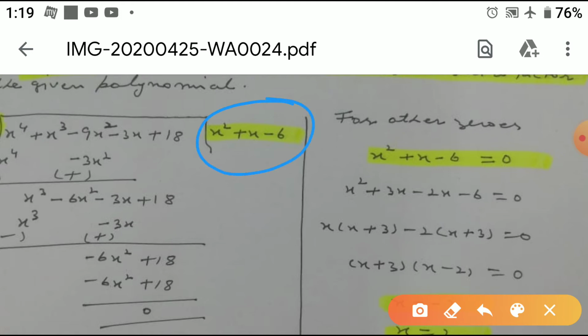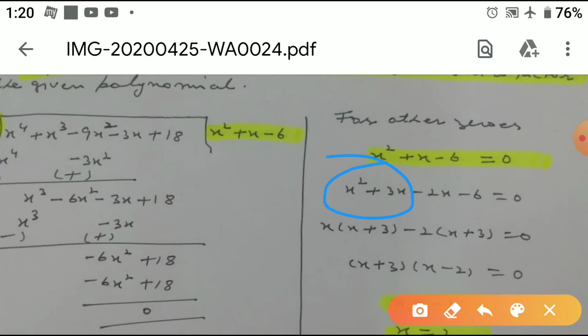To get the other zeros, we need to find the zeros of this polynomial x² + x - 6 by splitting the middle term. We can break this x into two parts such that one is 3x, another is -2x, right? 3x - 2x is x. Now take common.